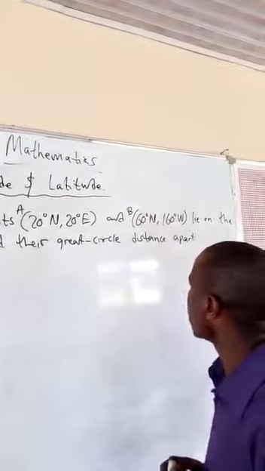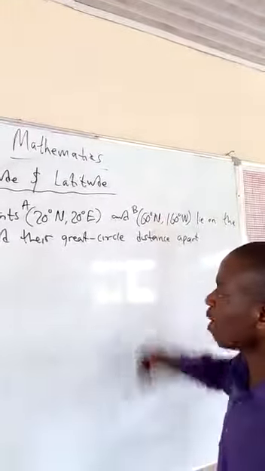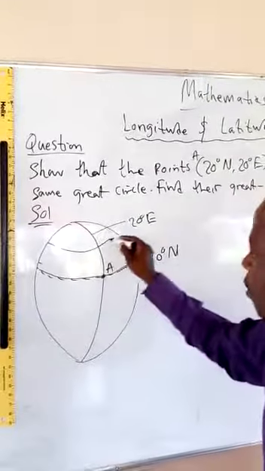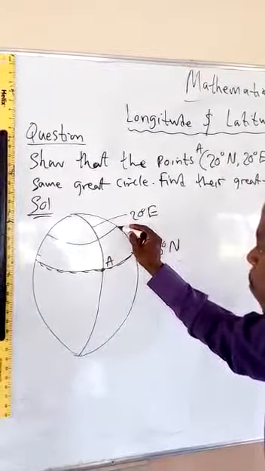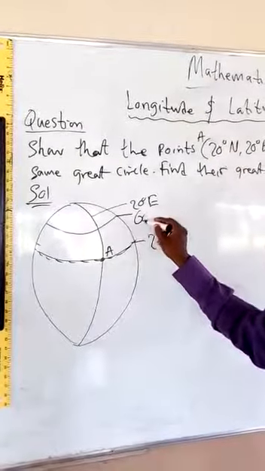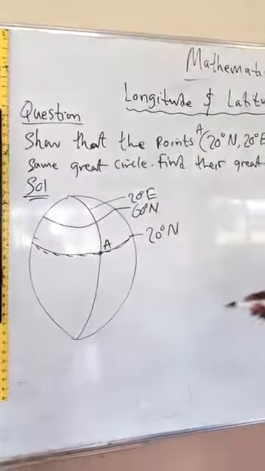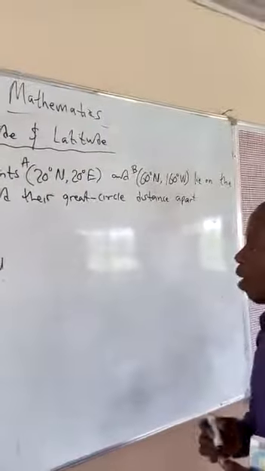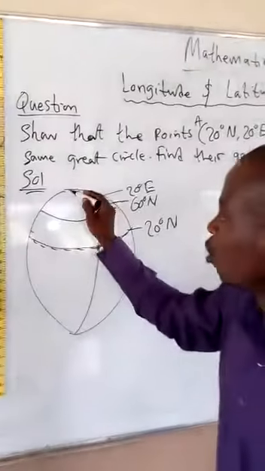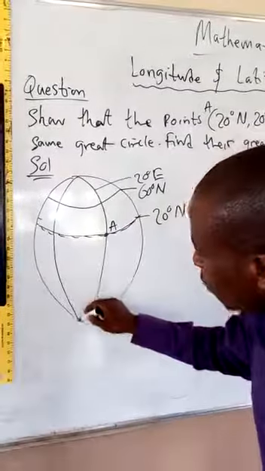At the same time, on point B, we have 60° north. 60° north goes to the right hand side here, to the upper part of 20° north. And at the same time, it has 160° west. So 160° west goes to this area.